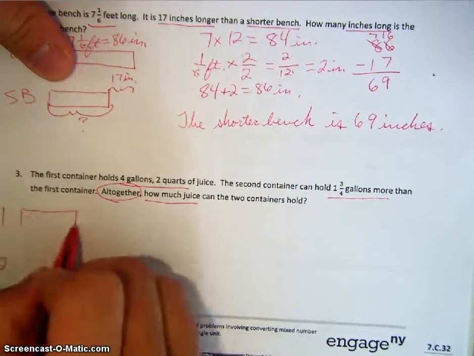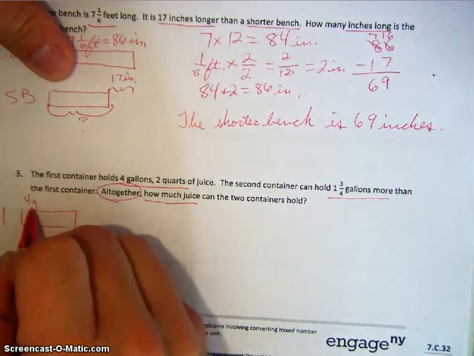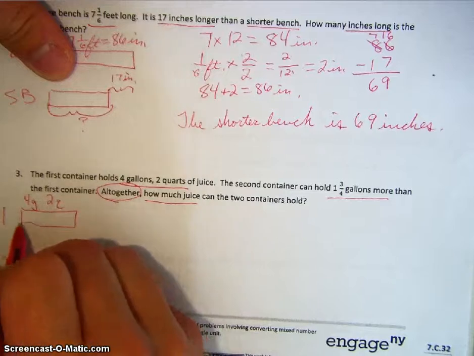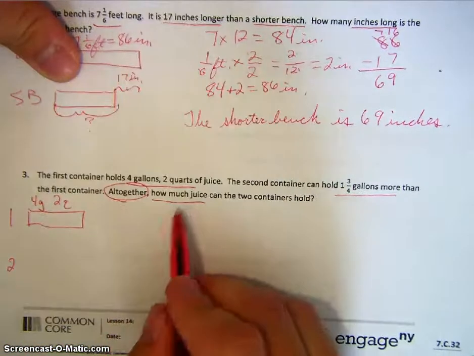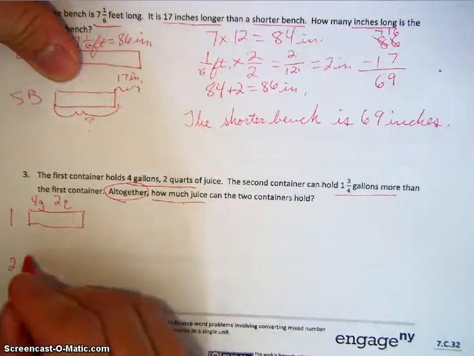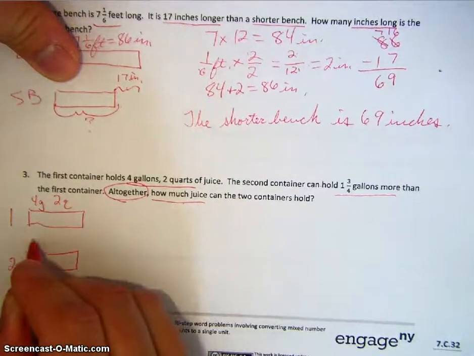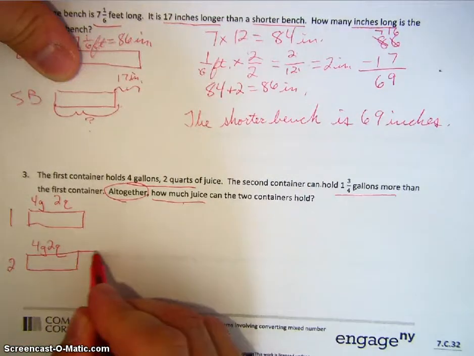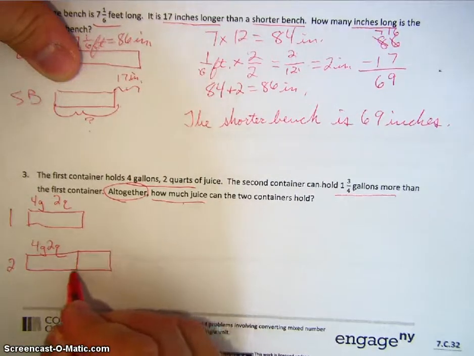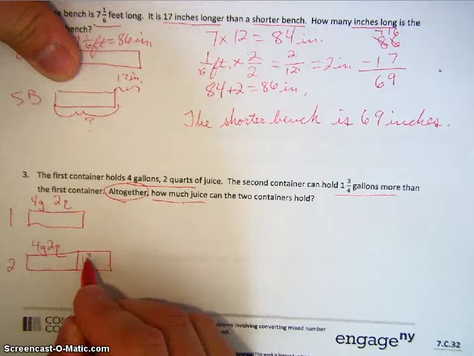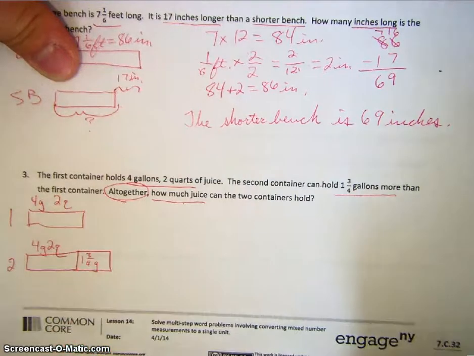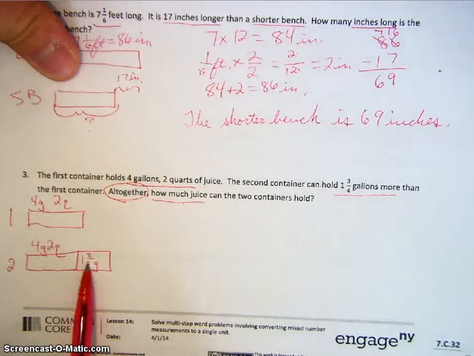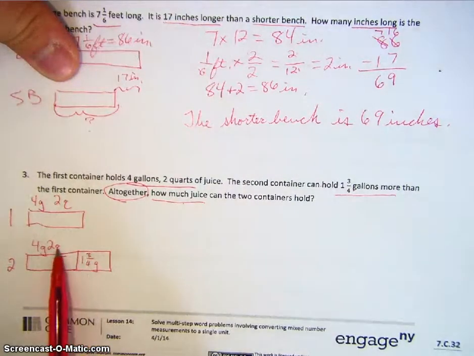So our first container, we see 4 gallons and 2 quarts. Our second container is a little bit larger. So we have our 4 gallons and 2 quarts again, and then we have a little bit more, 1 3/4 gallons.